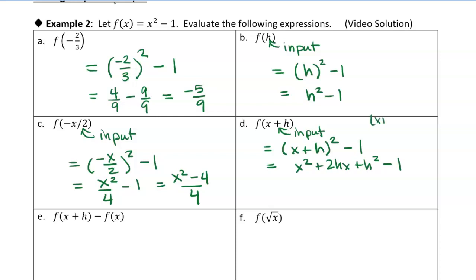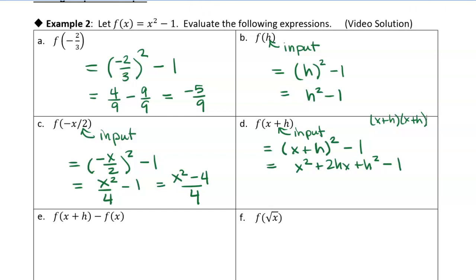I just took x plus h times x plus h. So if you need to do it that way, you can, but you'll find you'll get the same thing. And then I think that's really all I can do with that one. I've got an x squared term, an h squared term, minus 1, and that's it. So that's simplified enough.